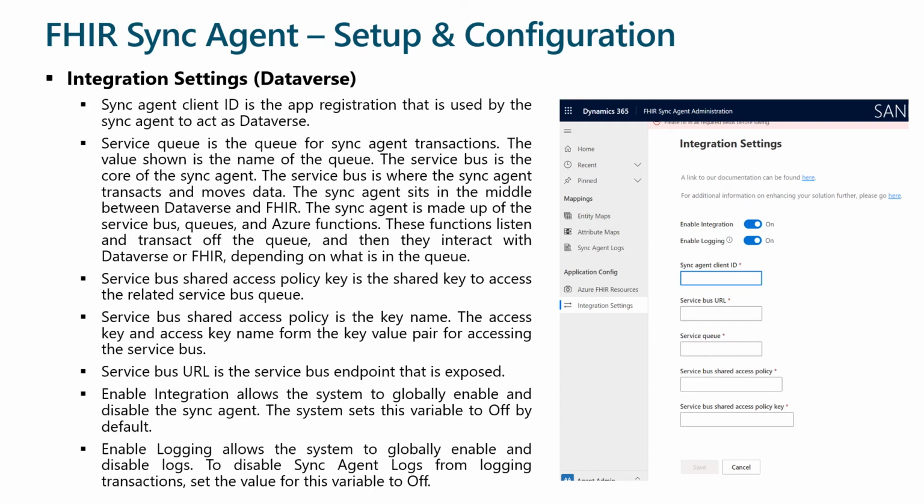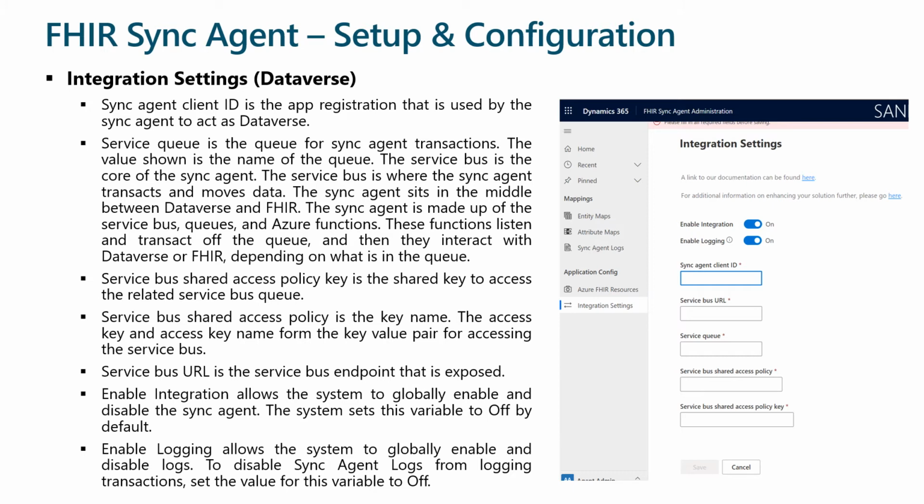To configure these integration settings, we need the following. The Sync Agent client ID is the client ID of the Sync Agent Azure AD app registered for FHIR Sync Agent. Service bus URL is the service bus endpoint. Service queue is the name of the service bus queue.